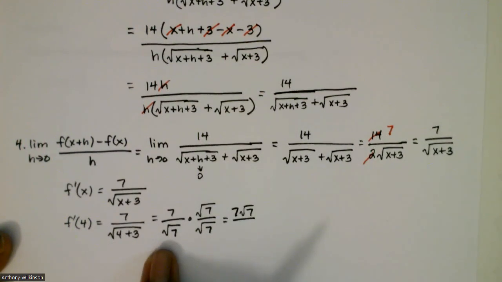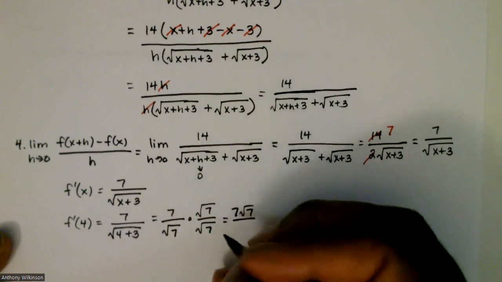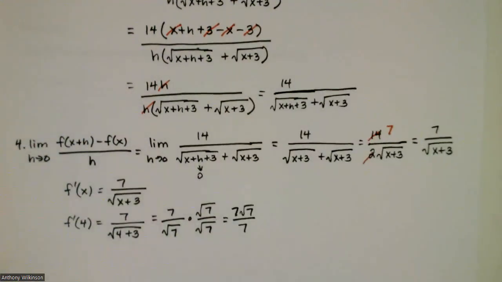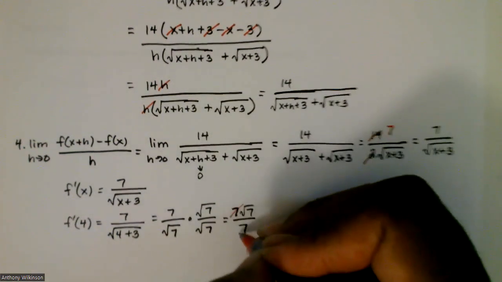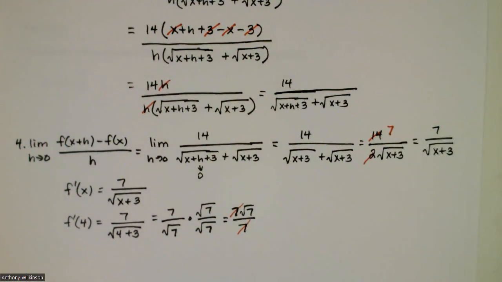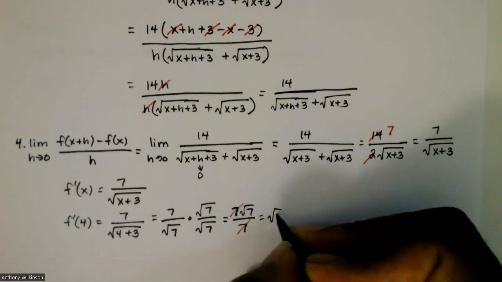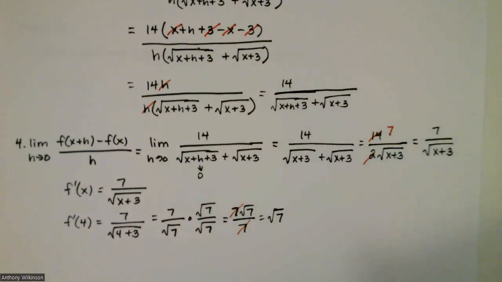The square root of 7 times the square root of 7 wipes out the radical, and you end up with 7. These 7s divide out. All you'll be left with is the square root of 7. So that's what f prime of 4 is.